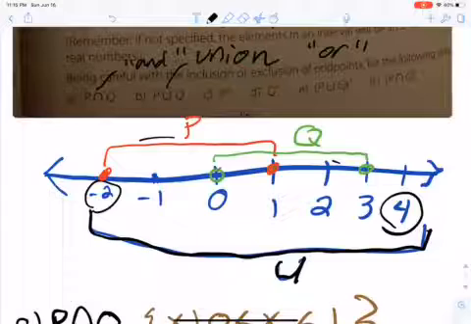I like to ask, what is the furthest left number that P starts with? Well, that's -2, and then it ends over here at 1, but then Q goes all the way to 3. So in order to write this as one set that includes both, we need to go from -2 all the way to 3, but just like in Q, you can't include 3.